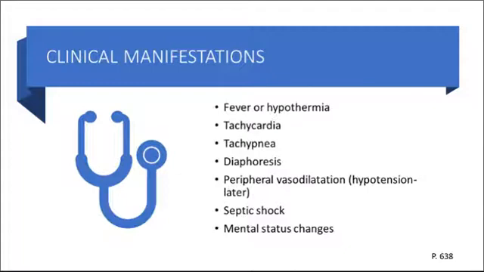Initially, with the vasodilation, the ventricles are pumping against a lot less pressure because the pulmonary vascular resistance and systemic vascular resistance, PVR and SVR, are decreased because of the dilation, so the cardiac output is initially increased. So initially the blood pressure doesn't drop, but that doesn't last because then they go into hypotension.